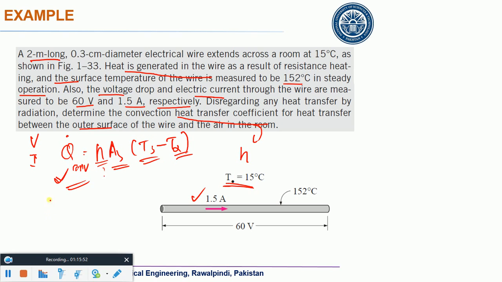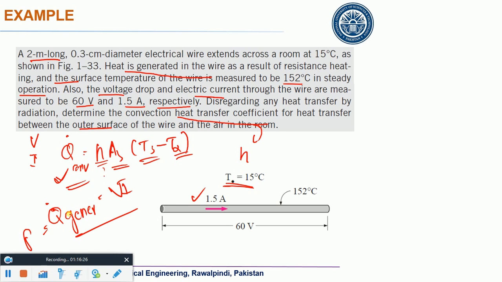Just see, its outer area is just a surface. So whatever is being generated inside, let's treat this wire as a control volume. Whatever is being generated should be going out, and there is only one way to let it out: convection.